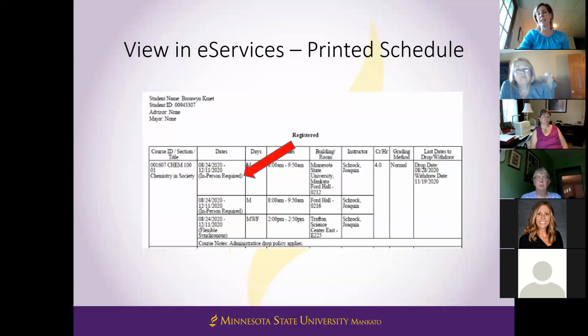It's just going to be presented to the student as a way for them to hopefully better understand. So this example goes back to our chemistry course, right? The two lab sections that are offered in Ford Hall are both required in person, but our lecture, which is Monday, Wednesday, Friday at 2, is available flexibly with synchronous meetings. Okay.